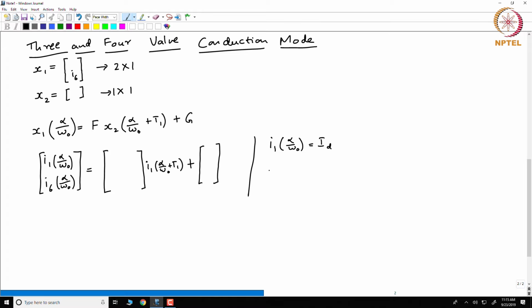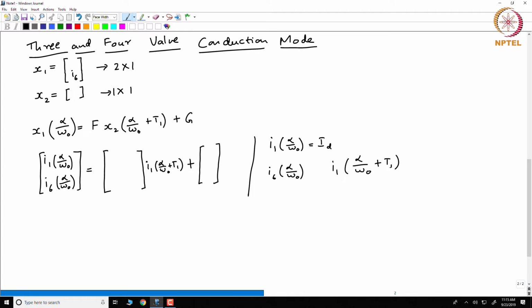Then can I relate I6 at alpha by omega O and I1 at alpha by omega O plus T1? Are the two related?